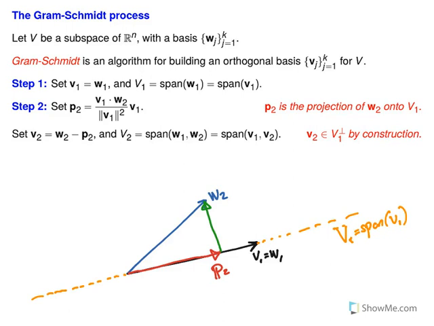I project that down onto V1. That gives me P2. And then the green vector here is my next basis vector. So V2 is W2 minus P2. I'm being a little sloppy about the boldface here, but I hope it's clear anyway. Now you see automatically by construction V2 sits in V1 perp, so V2 is necessarily orthogonal to V1.